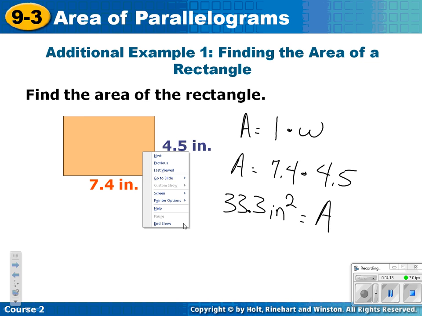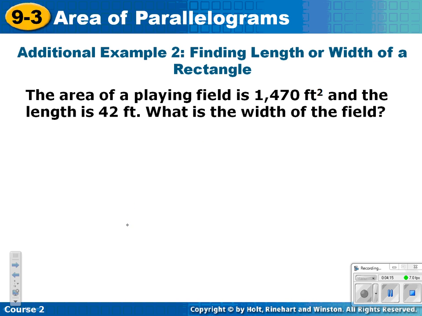I'm going to skip the next problem because you don't need it. Now, the next question says the area of a playing field is 1,470 square feet and the length is 42 feet. What is the width? Well, now it's giving you area. You have to take the same formula. A equals L times W. Now it's giving us A, isn't it?